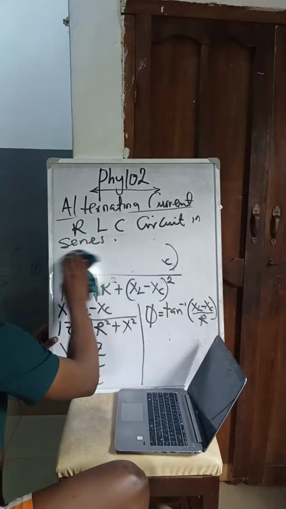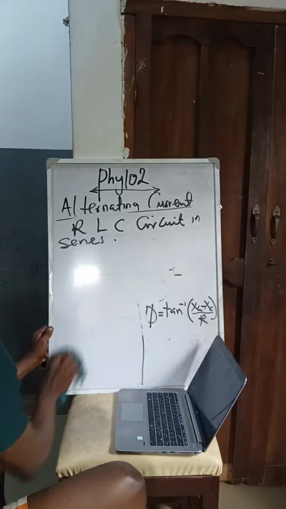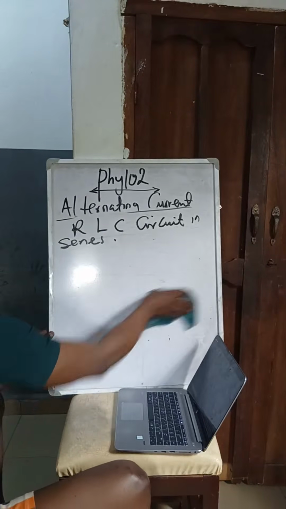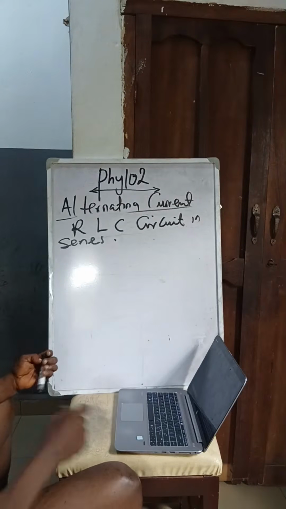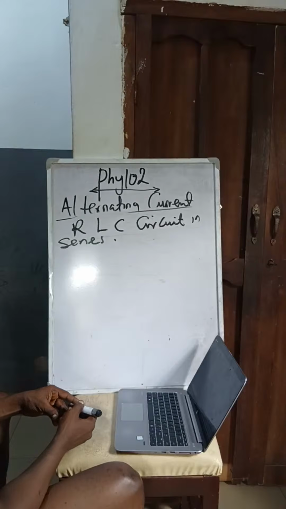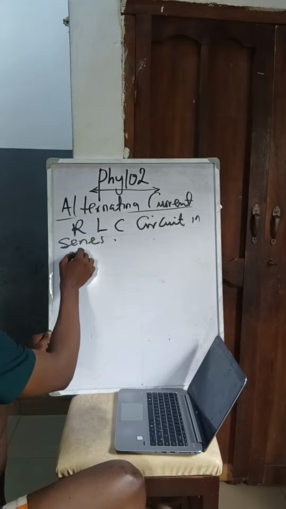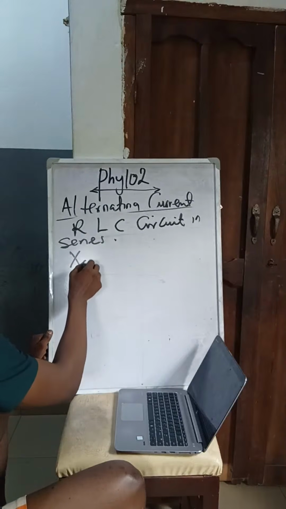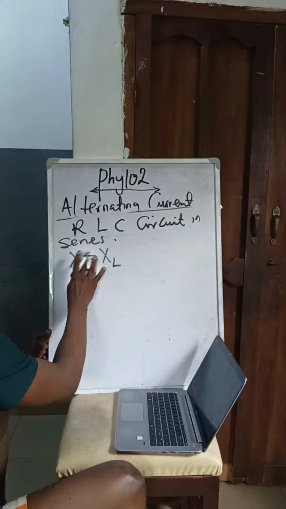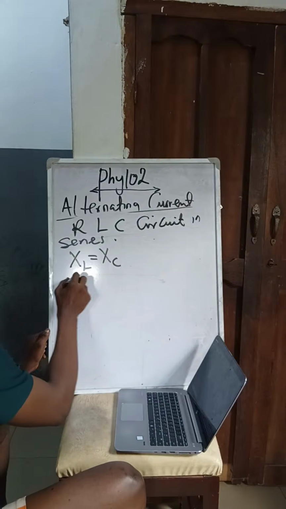Under the RLC circuit, something normally happens. We call it resonance. So I'm going to give you the conditions at resonance. What do we mean by resonance? Resonance is when XC is equal to XL, or XL is equal to XC.